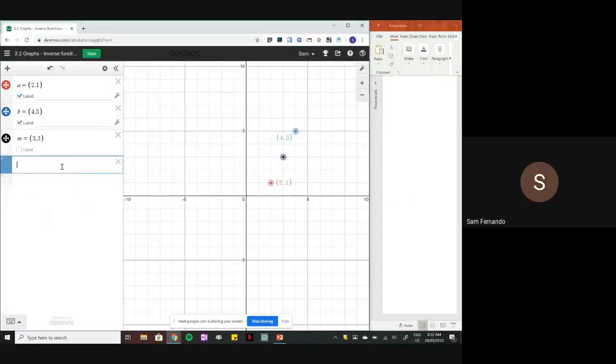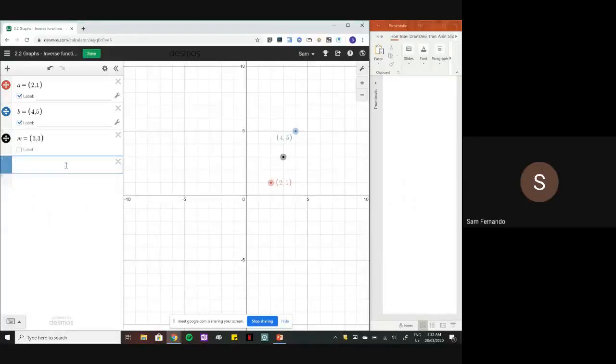Okay, and the radius of the circle is the distance. So it's 1 away from here. The x point is 1 away, and the y point is 2 away. So it's like our Pythagoras: a squared plus b squared equals c squared, which is the radius squared.